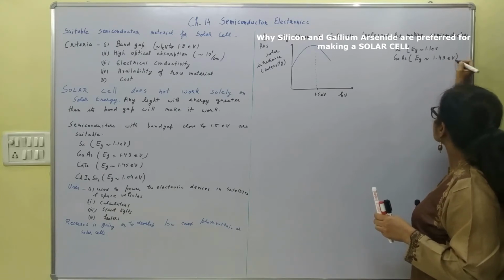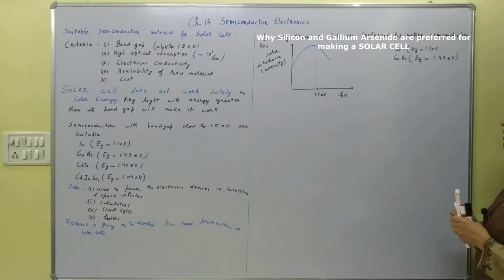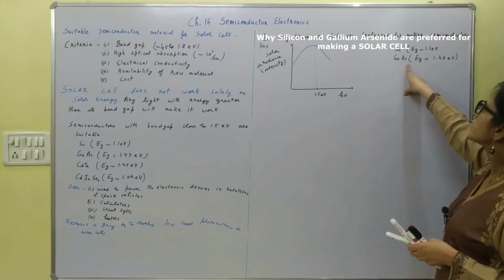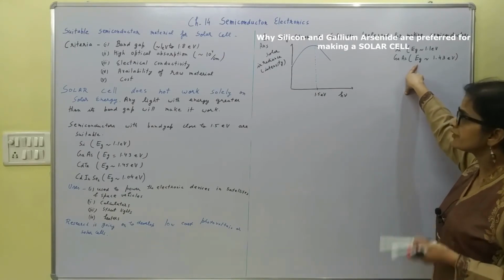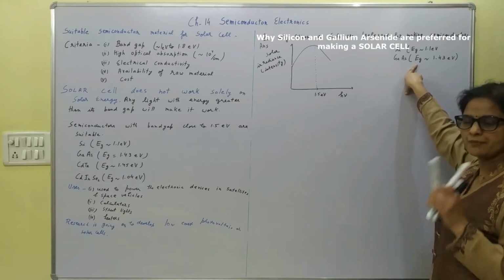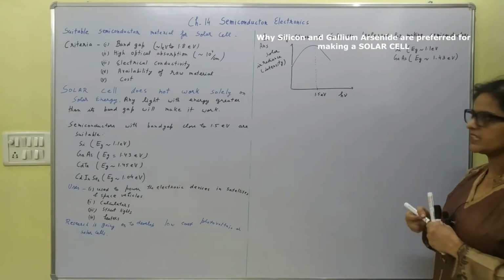In some cases it is written as 1.5 something. So we can say that gallium arsenide, in spite of having more band gap, is preferred over silicon because of its high absorption coefficient. That means it can absorb the solar energy easily, right?